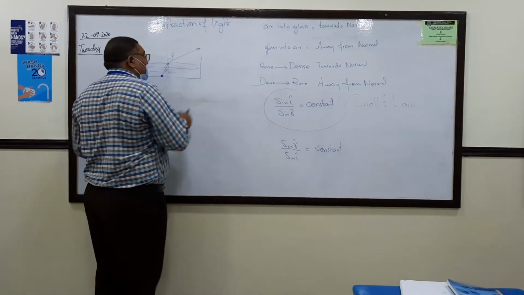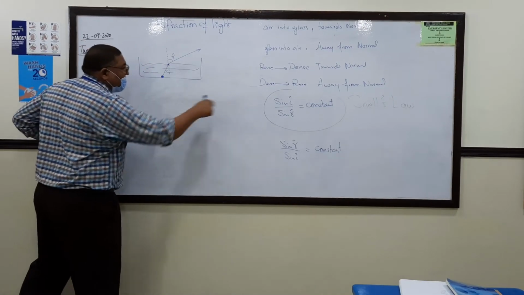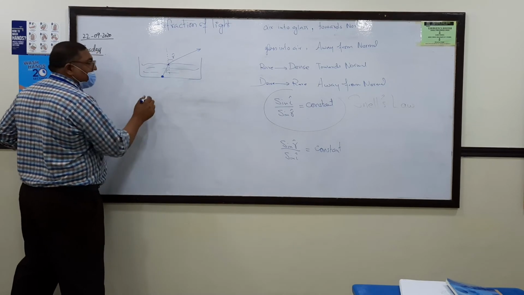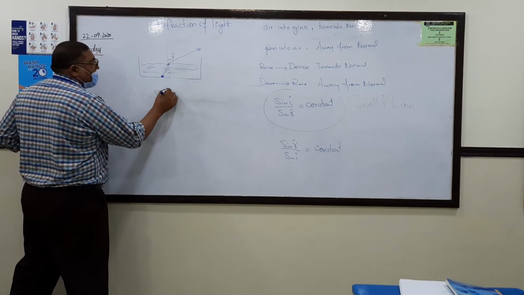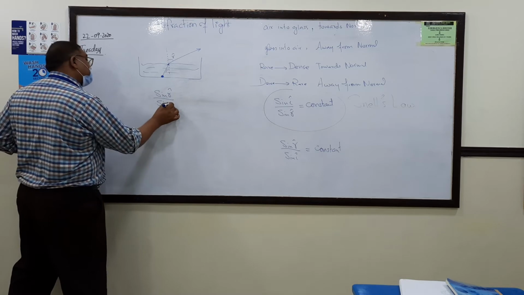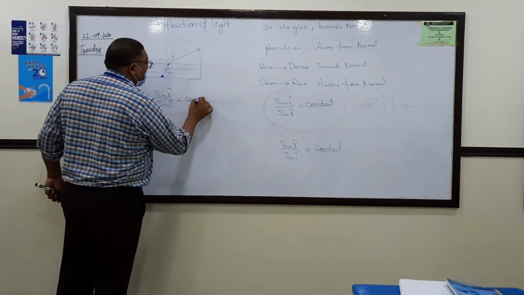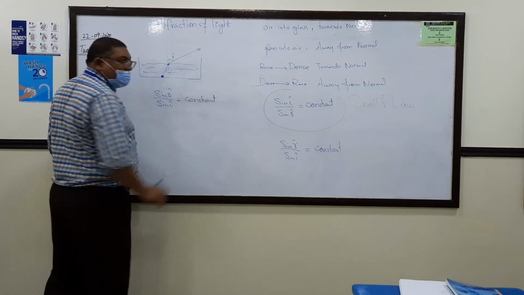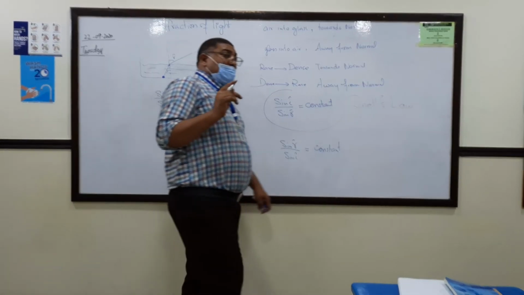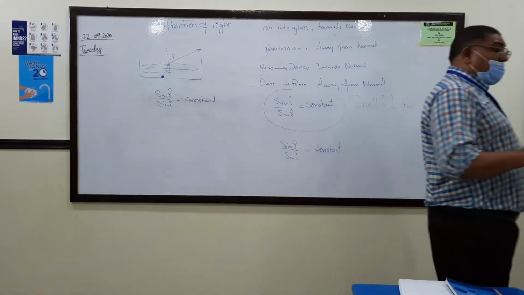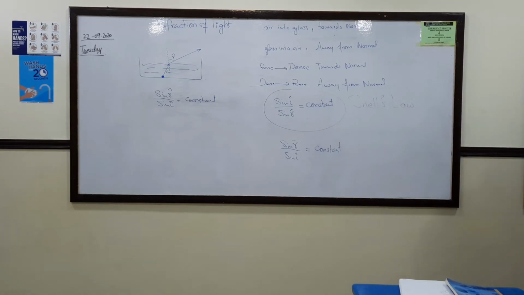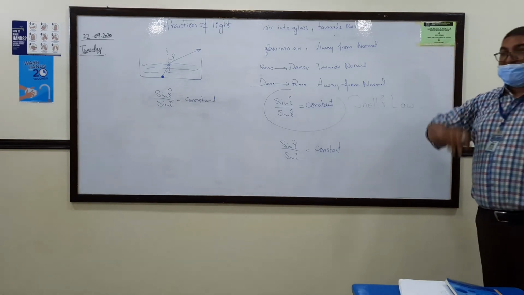If I apply Snell's law on this situation, it should be sin R by sin I that remains constant. You understand? In the numerator, I always put that angle which is in the rare medium.